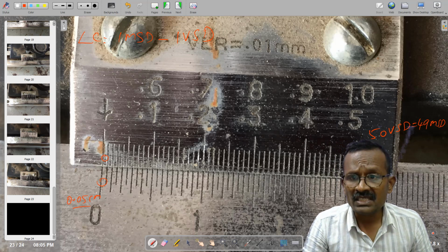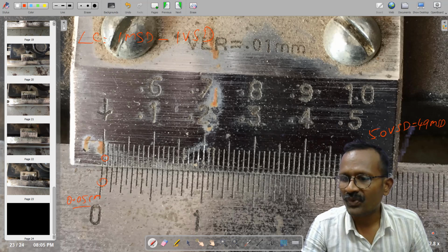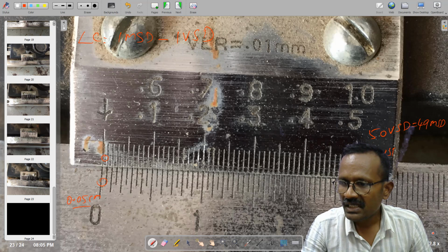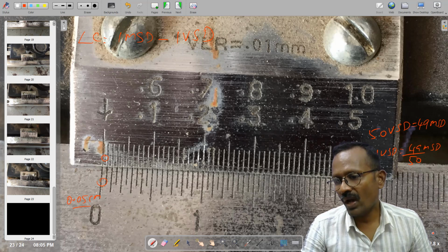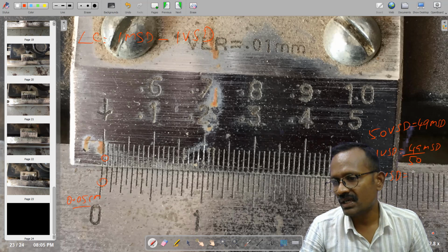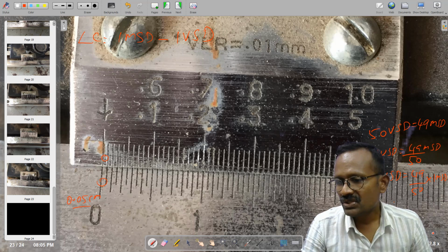I want one vernier scale division, so one vernier scale division is equal to 49 main scale divisions divided by 50. So one vernier scale division is equal to 49 by 50 into one main scale division.